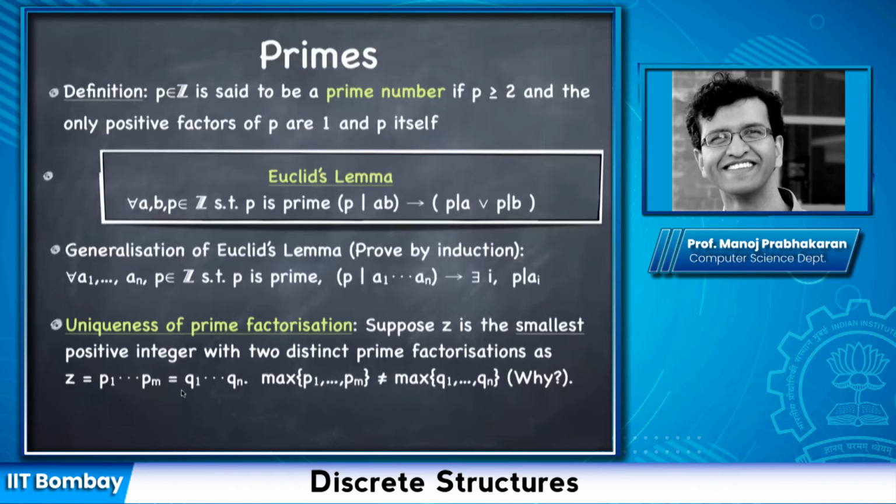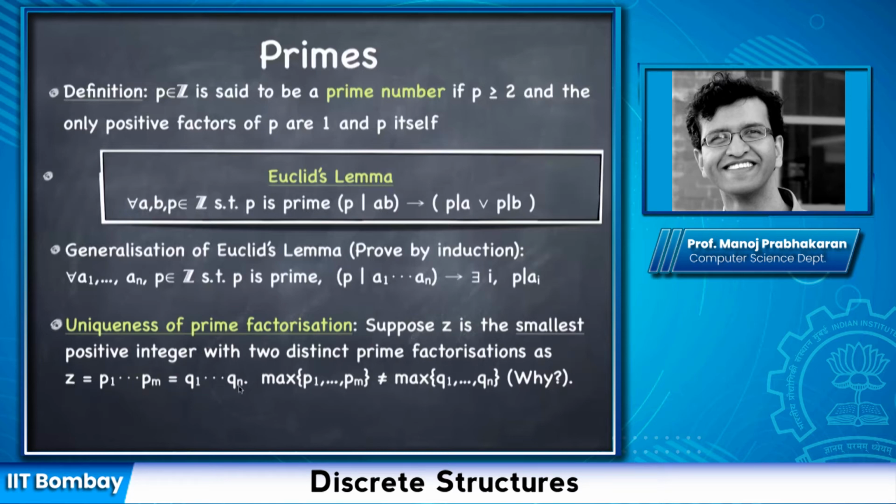And since these are distinct, I'll still be left with two things which are distinct, because what I removed were identical. So p1 to pm-1 and q1 to qn-1 would be distinct sequences. And still they multiply to the same value, namely z with the factor p missing.